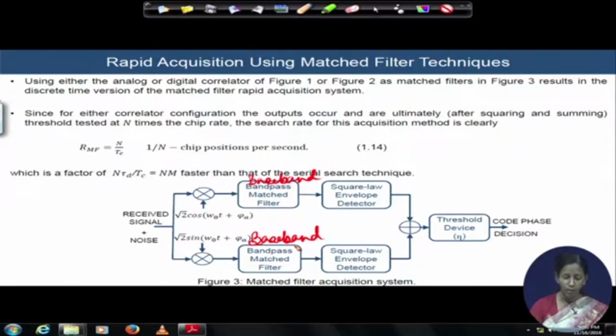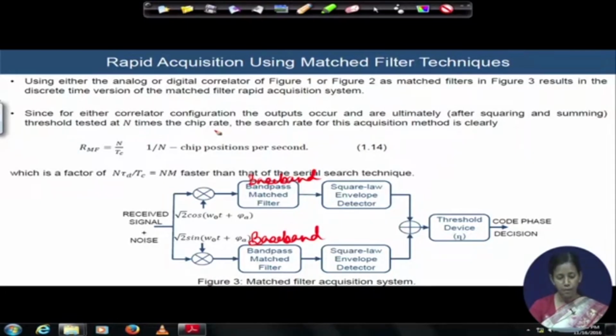And now the fundamental question needs to be answered. Whether you are in the analog or the digital correlator architecture, for either correlator configuration, the output you are getting and the threshold testing are going on at capital N times the chip rate.